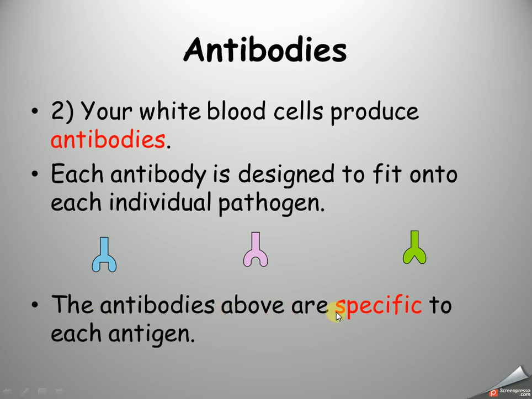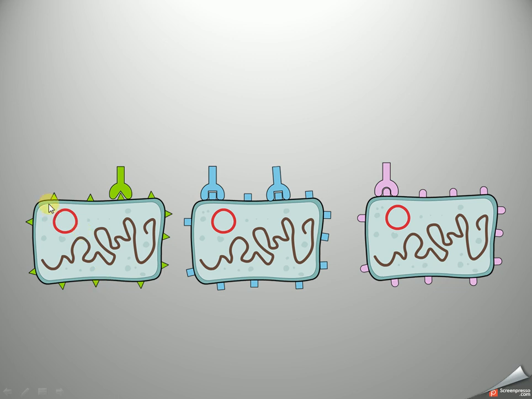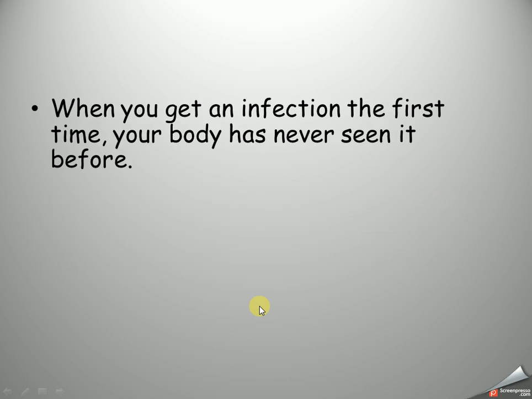Okay, and the antibodies are very specific to the different kinds of antigen. So for example, this antibody will only lock onto this antigen, whereas this antibody will only lock onto this antigen, and this antibody will only lock onto this antigen. Okay, so they're all quite specific in their own way.